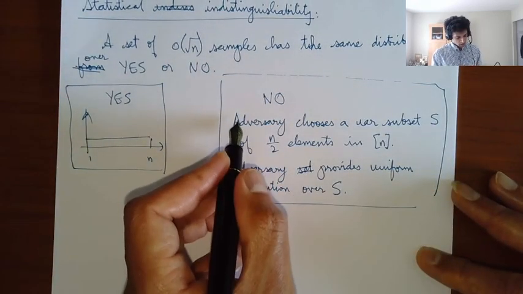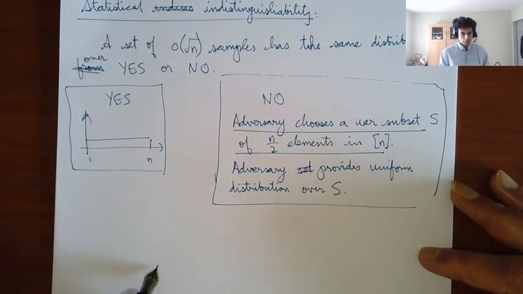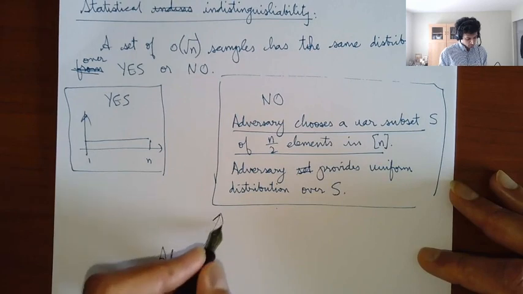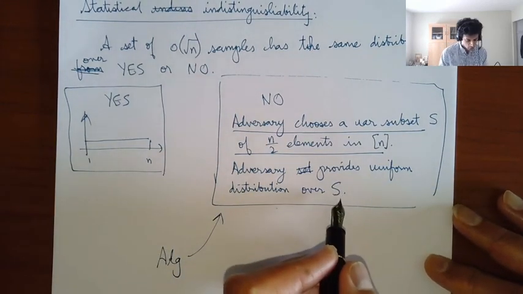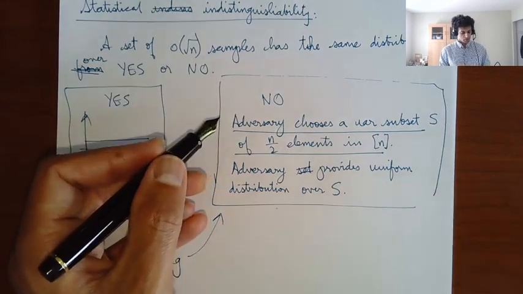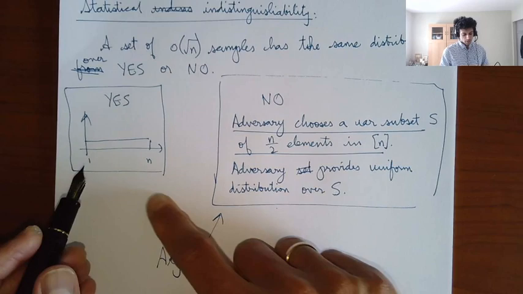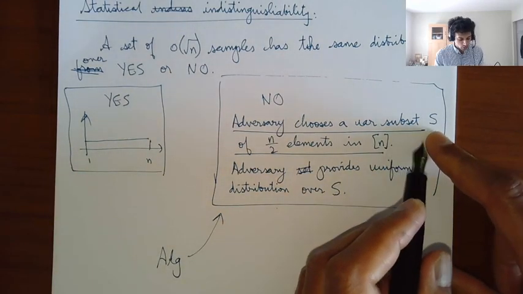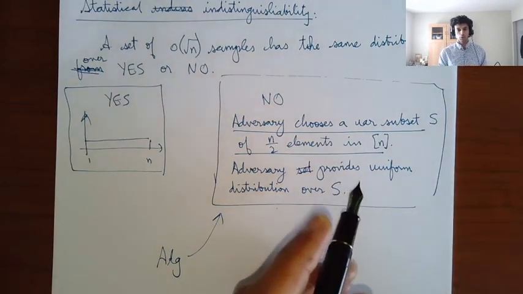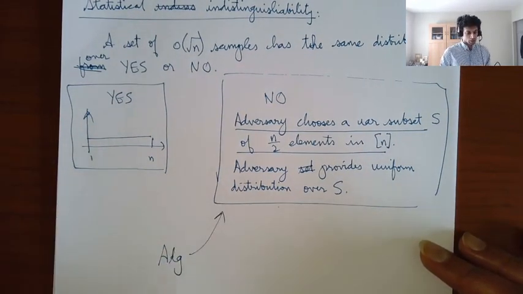Remember, this happens in the beginning. After that, when the algorithm queries, it's only getting uniform samples over S. So this first step doesn't happen every time there's a sample. The adversary is either going to show you the yes distribution or pick a uniform random subset and provide a uniform distribution over that subset. The algorithm needs to distinguish which one it is.